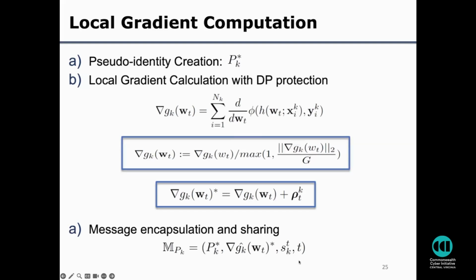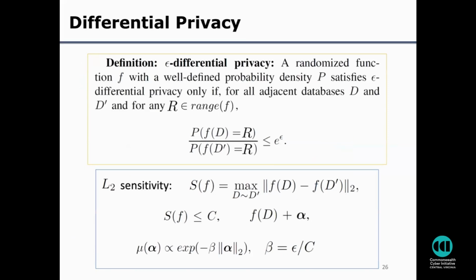Then broadcast it to the computing nodes. Through the network, all the computing nodes can receive all the gradients from the data holders, and then compute the global model.